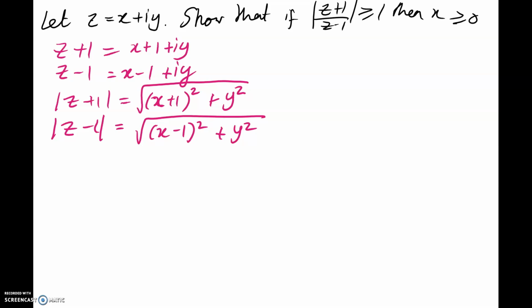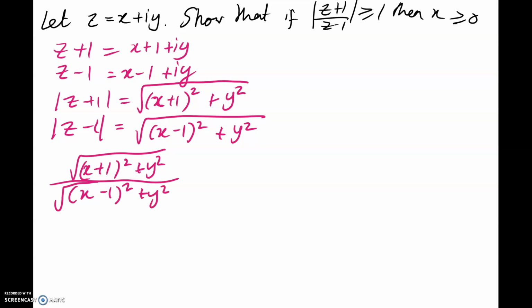Now we are told the modulus of z plus 1 over z minus 1 is greater than or equal to 1. So these two things can be written over one another, and they are greater than or equal to 1.